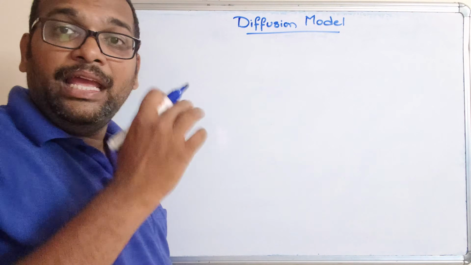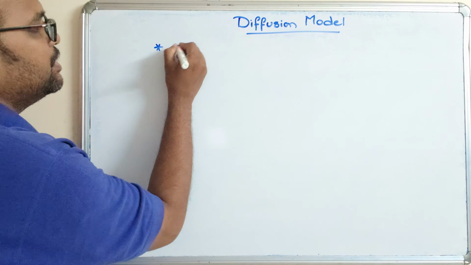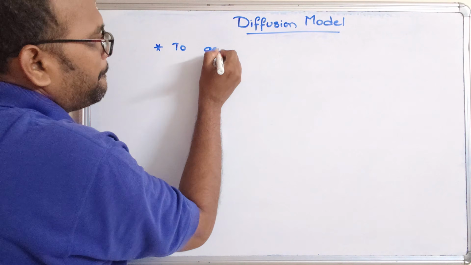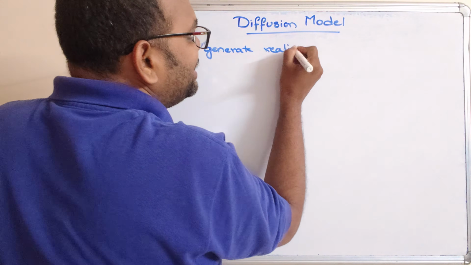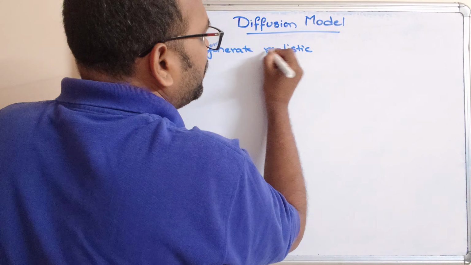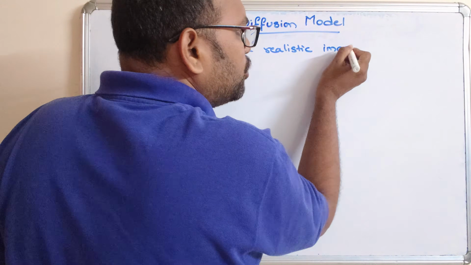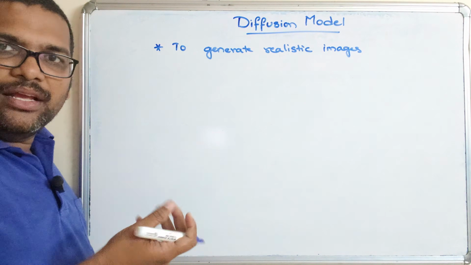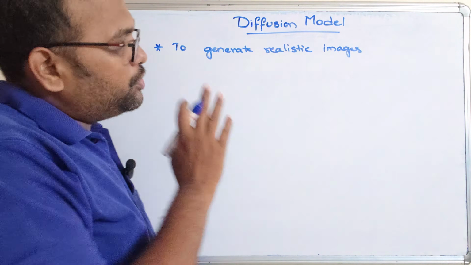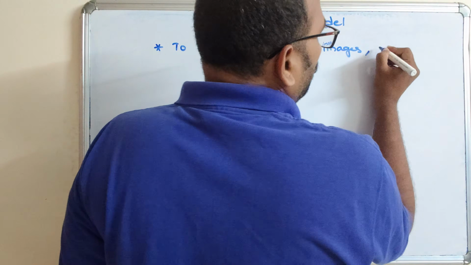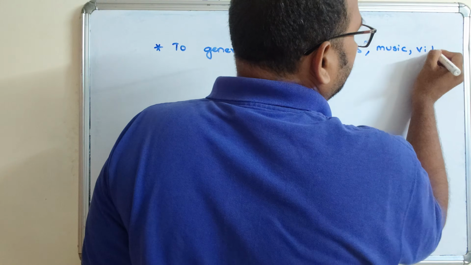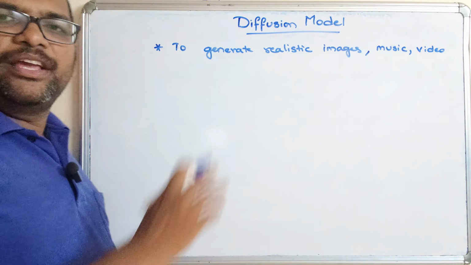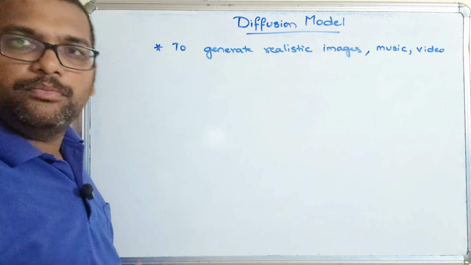The main aim of this diffusion model is to generate realistic images. Similar to GANs, generative adversarial networks, it can also create images, or music, or video. All these things can be created with a diffusion model.